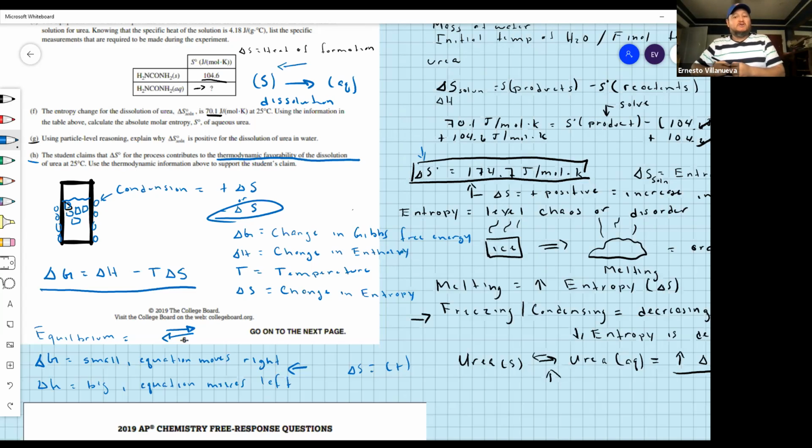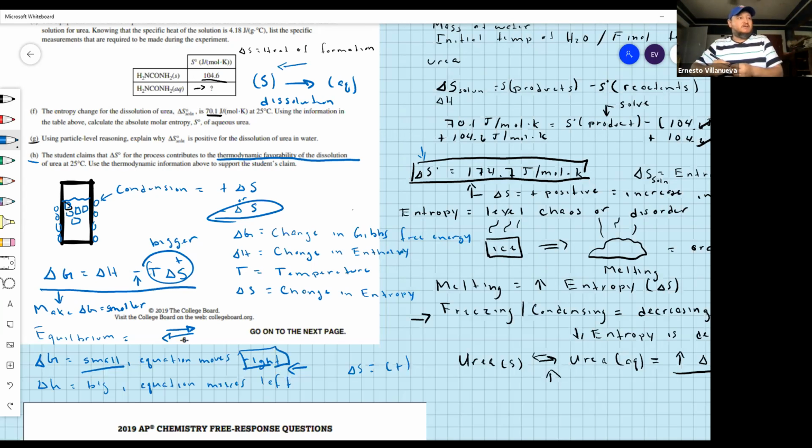Because your entropy is positive, and this is your formula, this positive number is going to make this term bigger, and because of this minus sign, it makes delta G smaller. Because it's making delta G smaller, this equation is in fact going to move to the right.